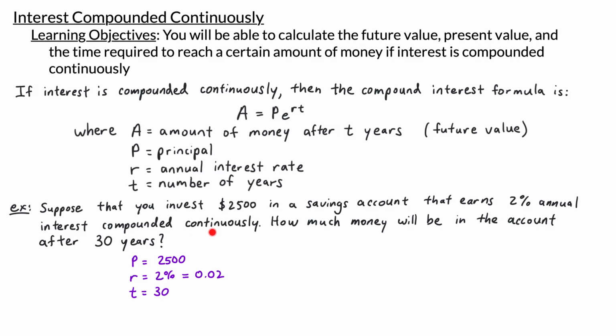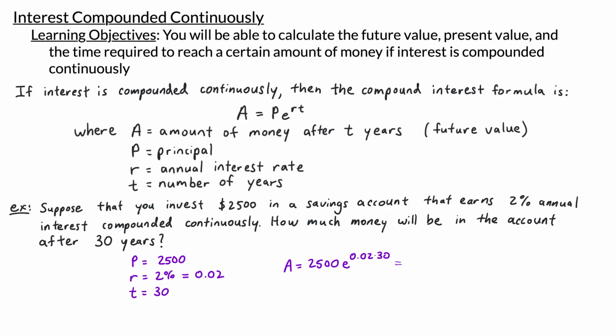Since interest is compounded continuously, we're going to use our new compound interest formula, A equals P times e to the RT. Plugging in our values, we have A equals 2,500 times e raised to the power of 0.02 times 30.